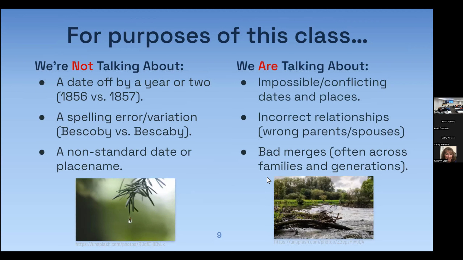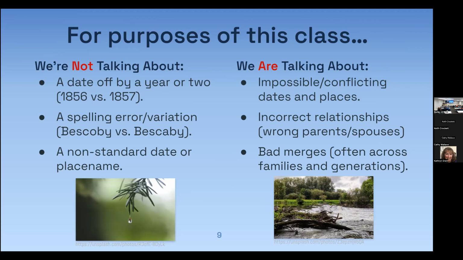What we're talking about are things like impossible or conflicting dates or places, like a family in the 1600s that would not have traveled, having all their children in England, but one child born in colonial America probably wouldn't have happened. Or a woman having children when she's 2, not a biological possibility. Incorrect relationships where you can tell that somebody is joined to the wrong parents or to the wrong spouse.